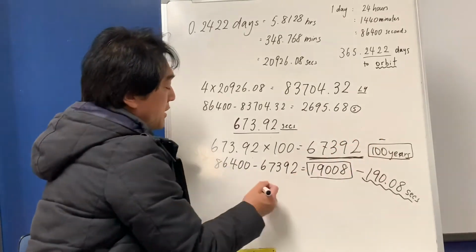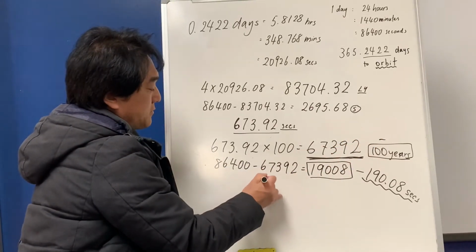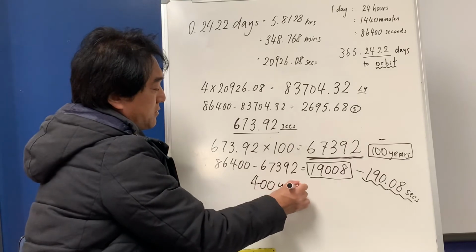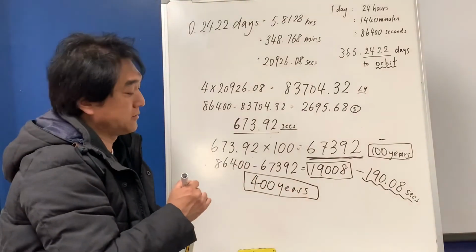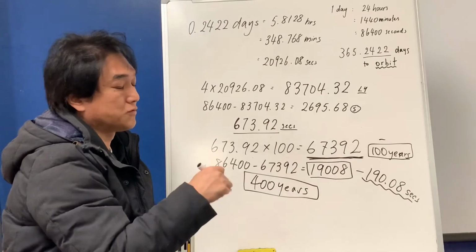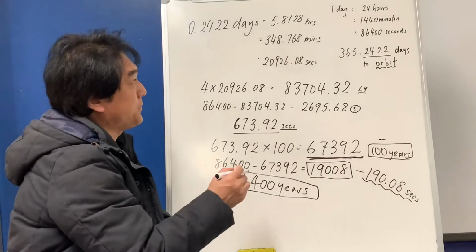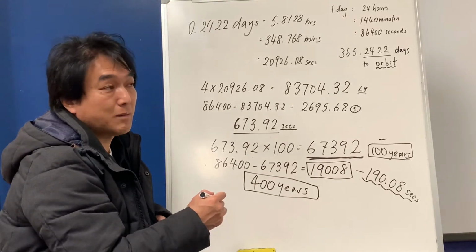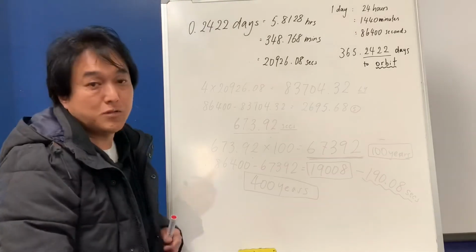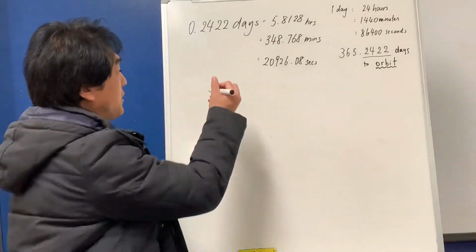So every 400 years, with our calendar, we actually reintroduce the leap year again. Isn't it absolutely crazy?